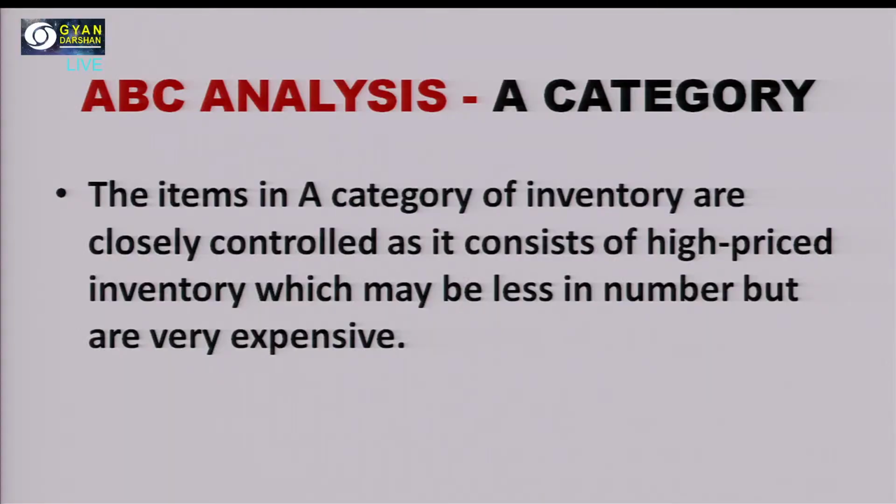One is A category, another one is B category, and third one is C category. As the name implies, A category means very important, where the items in this class of inventory are very high priced. They are valuable, but they are less in number, but very expensive.